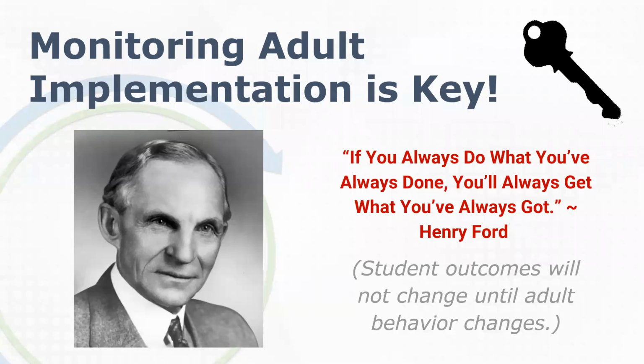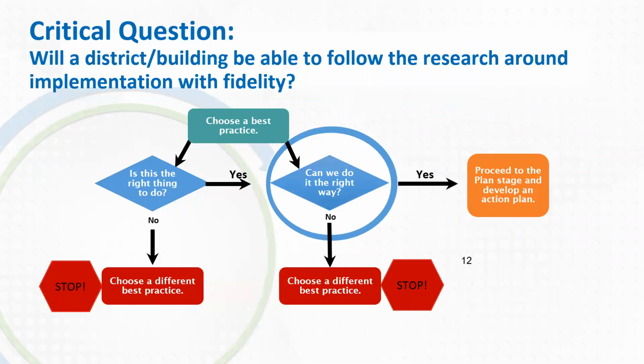And referencing the quote several slides back of what gets monitored gets done, if we want adult behavior to change, we need to monitor whether it is indeed changing. So when identifying a continuous improvement strategy, there are two key questions a district must answer. First, is it the right thing to do? And secondly, can we do it the right way?